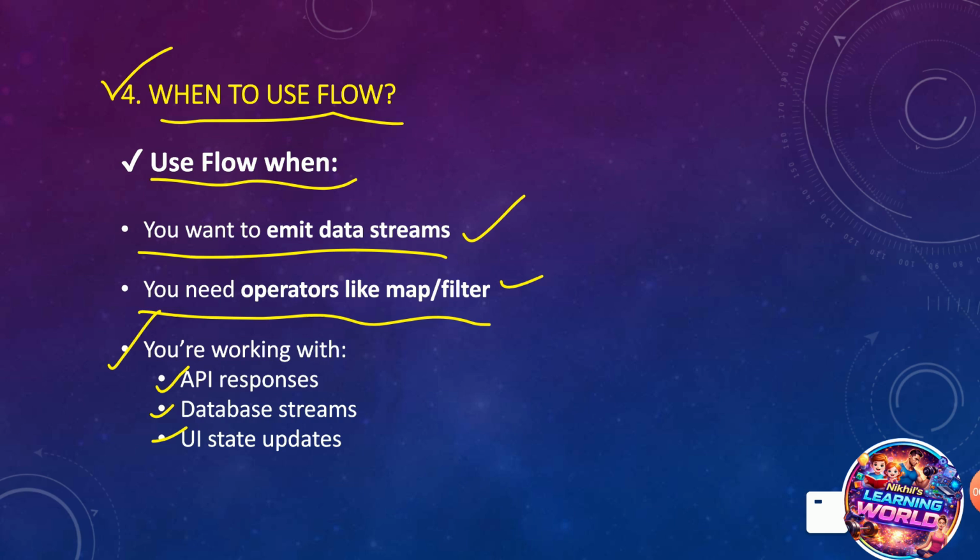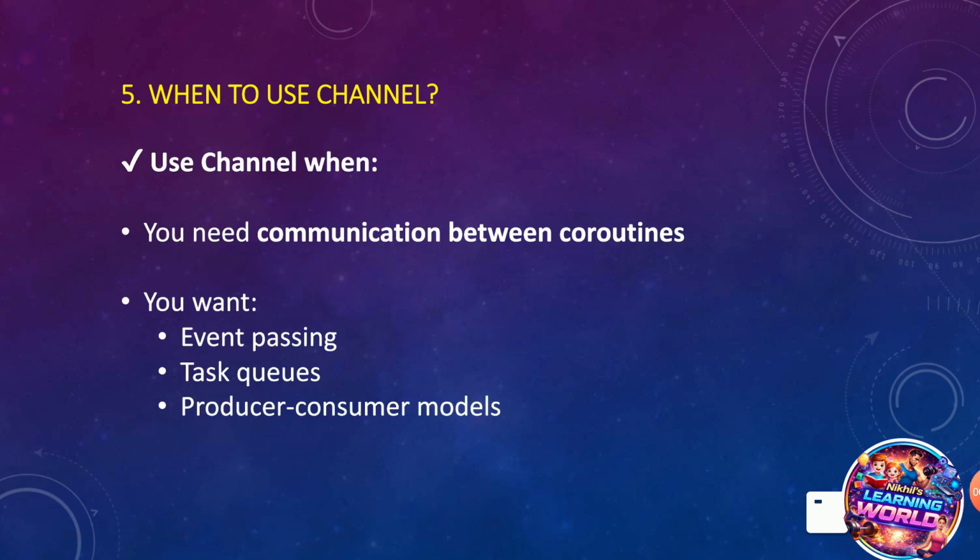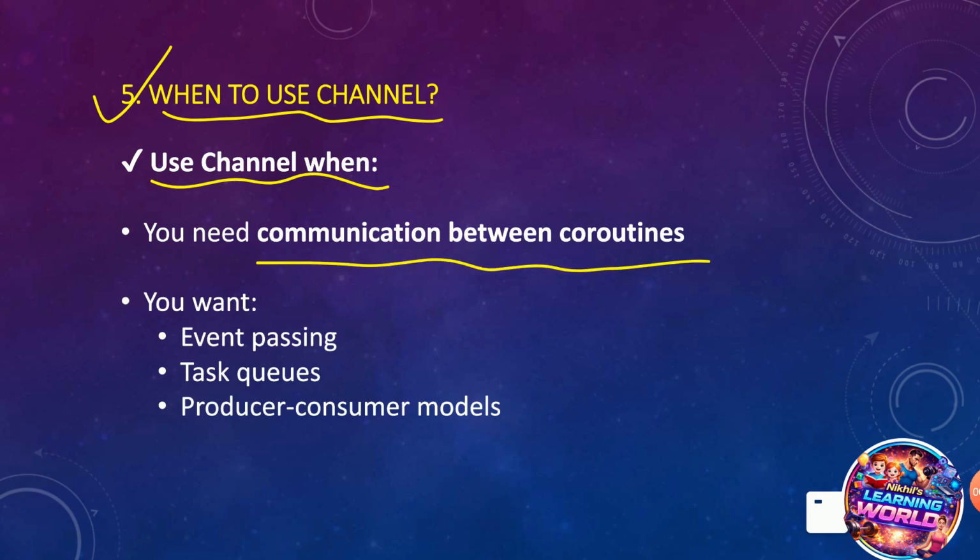And Channel is used for communication between coroutines. Maybe one or more coroutines. At that time, the communication is done by the Channel only. You want event passing, and if you want task queues and producer-consumer models, at that time you need to use Channels.